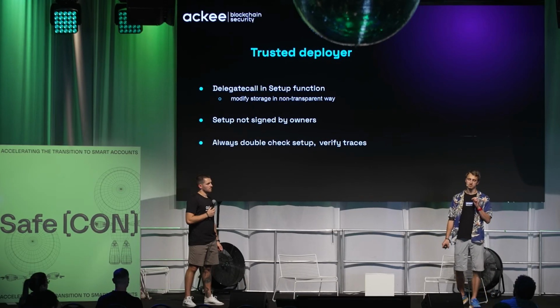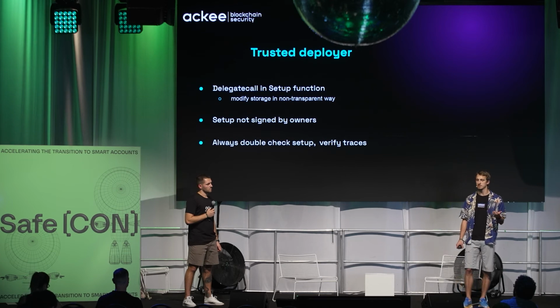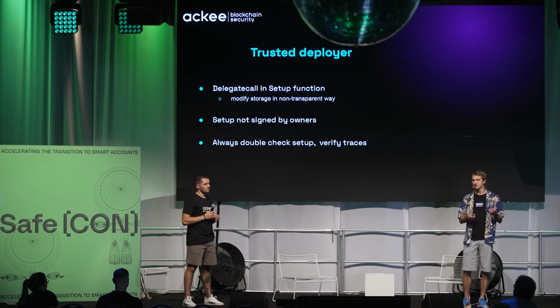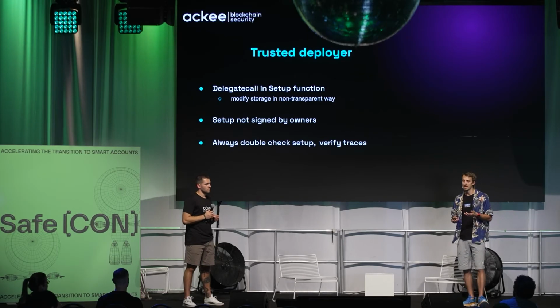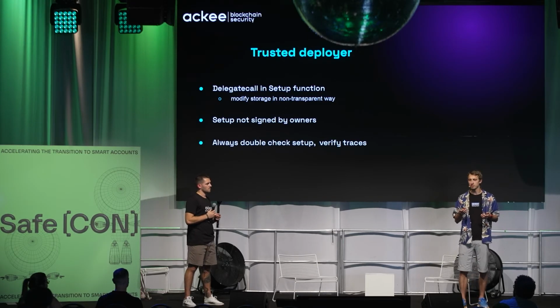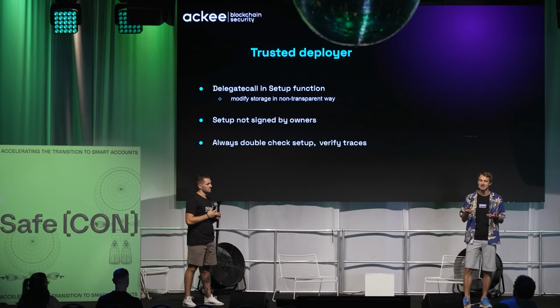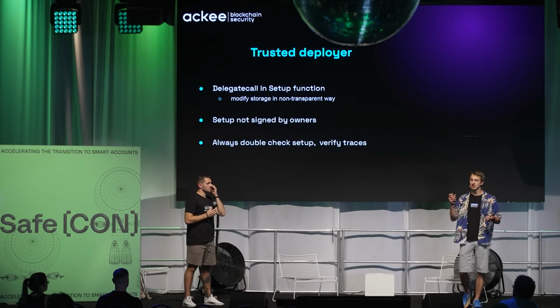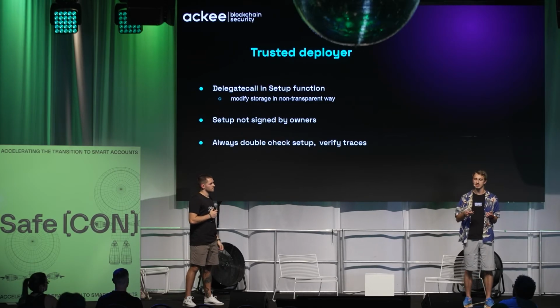However, the singleton contains a setup function, and inside this setup function, you have a delegate call. And again, with delegate calls, you can have arbitrary state changes, etc. So if you use a third-party deployer, you have to trust that although he will use the singletons, he won't supply any malicious target address to which he would delegate call.